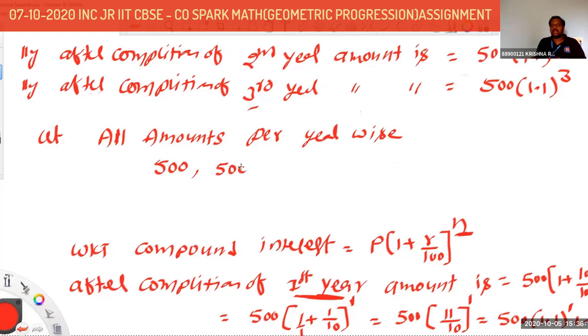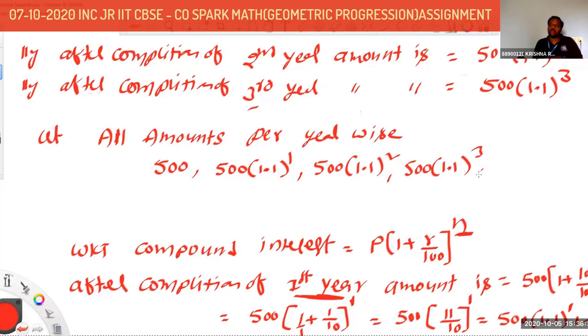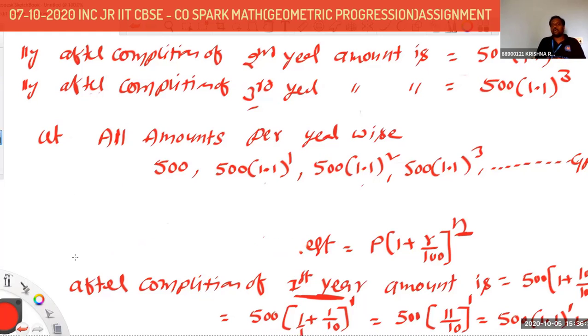Next, 500 into 1.1 power 1. Next, 500 into 1.1 whole square. Next, 500 into 1.1 whole cube, and so on. Check: 500 cancels, 1.1 whole power 1, then 1.1 whole square. A common ratio is there. That's why it is GP. I have written all the amounts as a sequence.